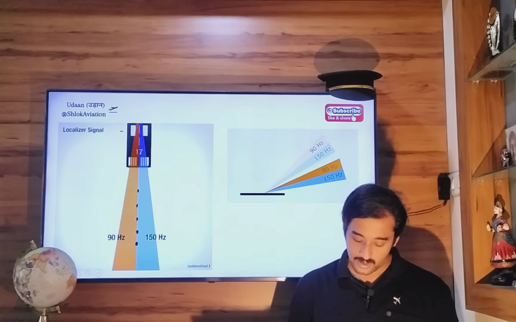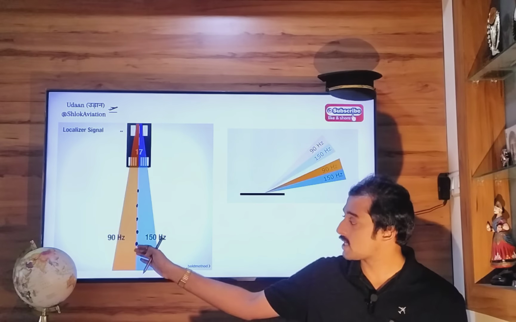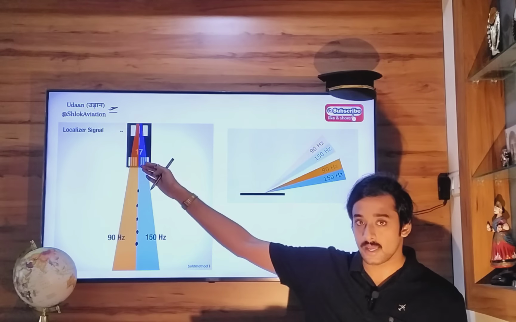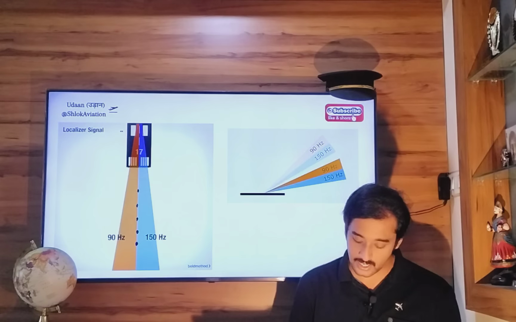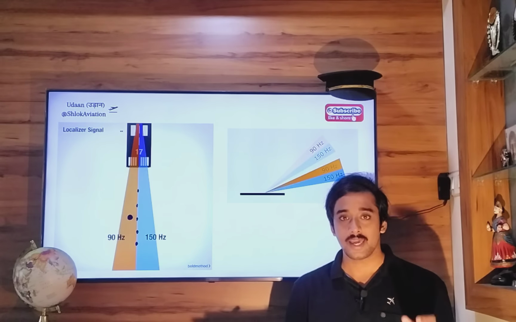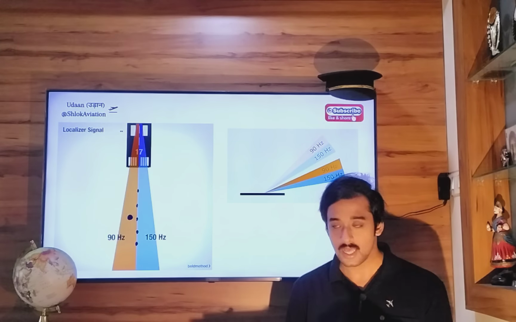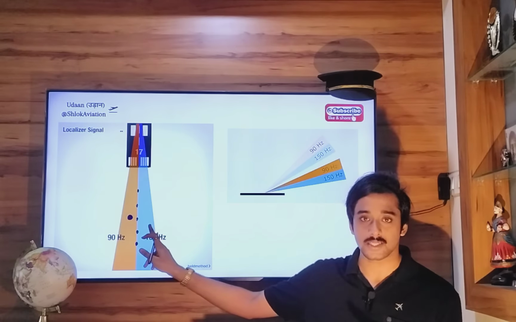Your aircraft deviates and flies to the left hand side. Instead of flying the center line correctly, it deviates to the left hand side, left of the extended runway center line. What will happen? The aircraft instrument will receive more of 90 hertz signal and less of 150 hertz signal.